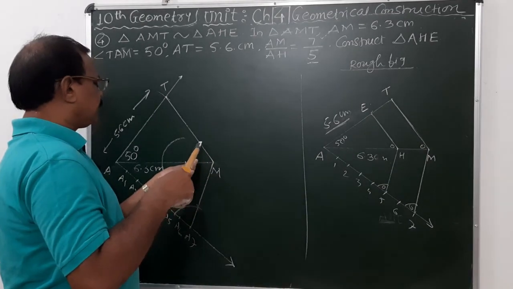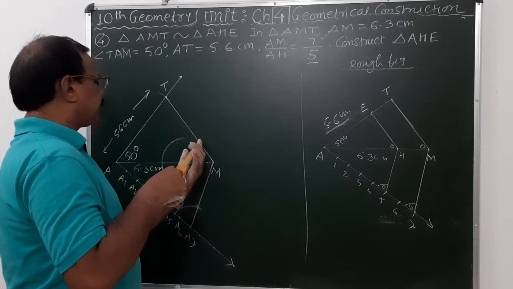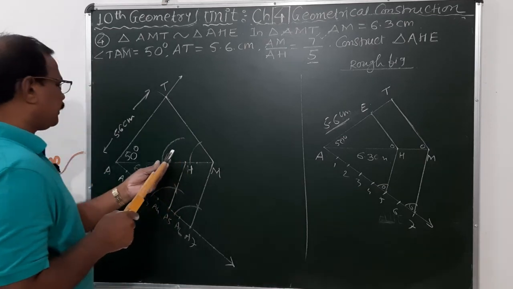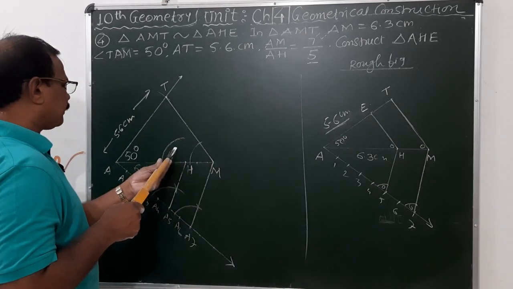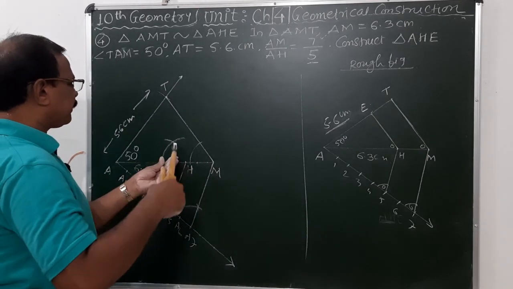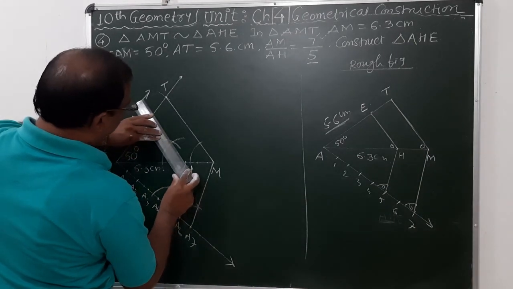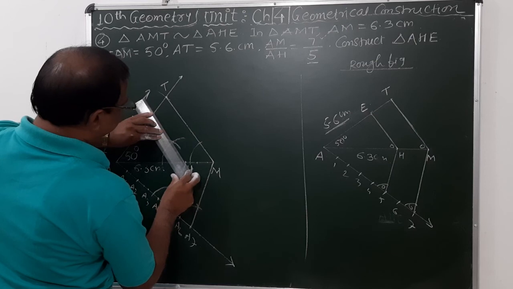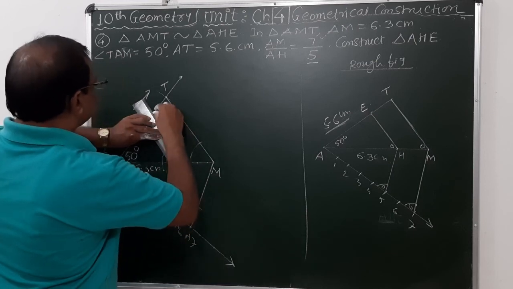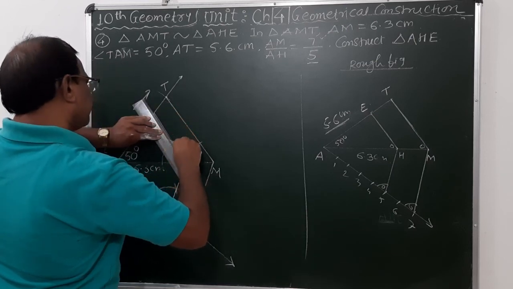Now just draw from point A to this point of intersection.